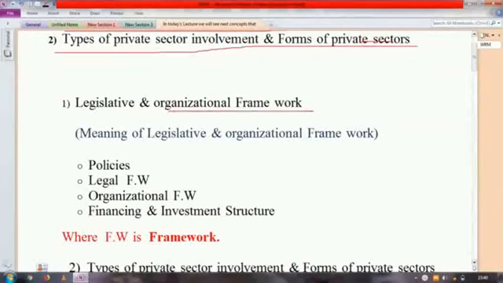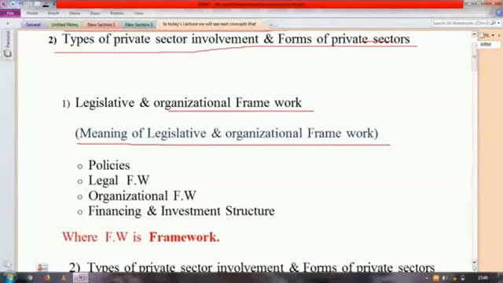So here first we will understand what is the meaning of legislative and organizational framework. Here it says that it is someone with the power to make laws or rules. For example, United States Congress. So it is called as legislative framework.